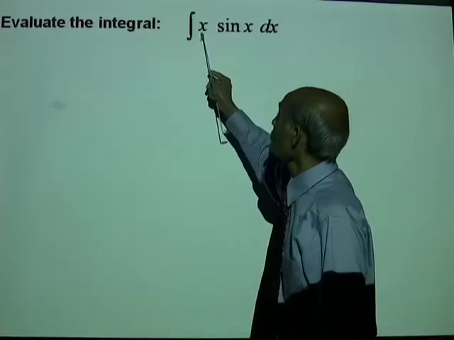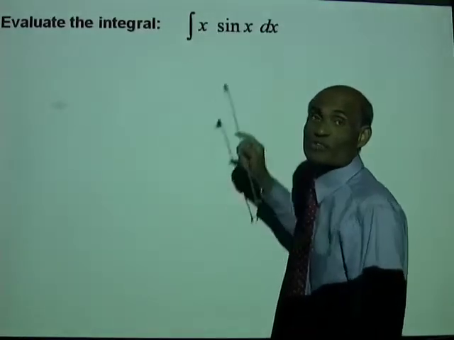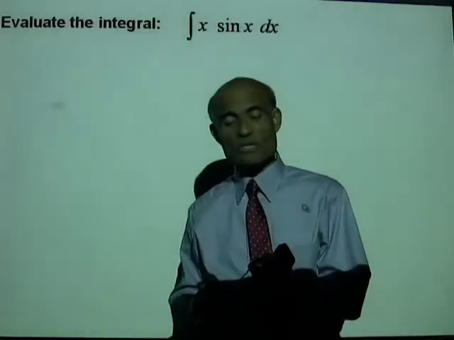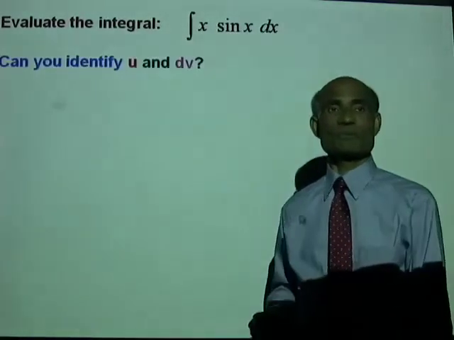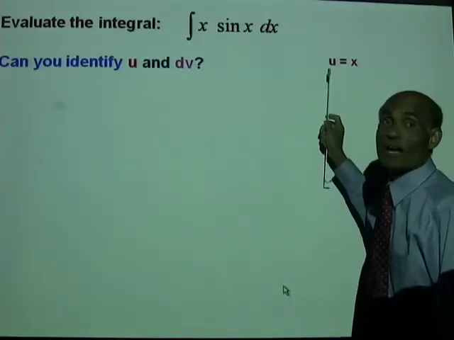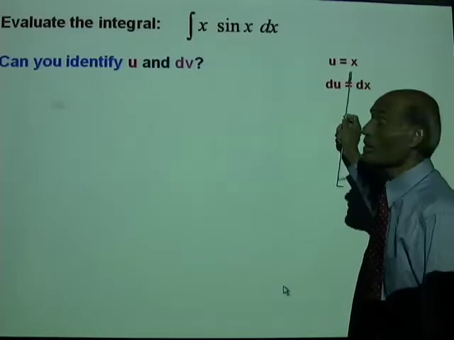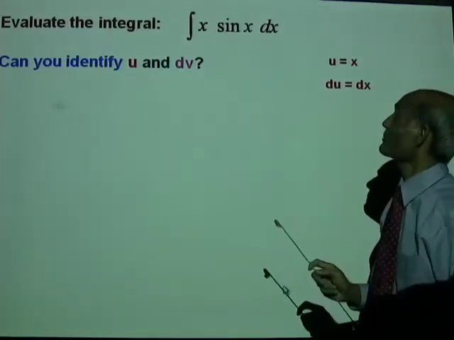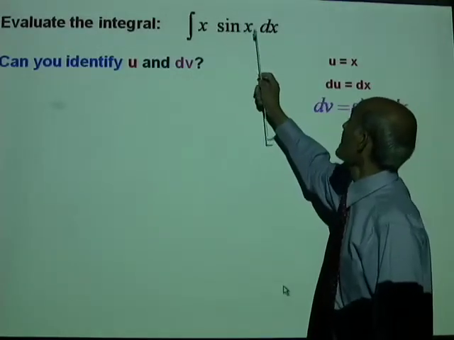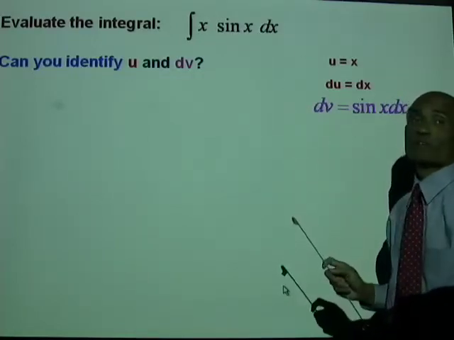So we're going to choose x as our u, and the remaining sine x dx will be our dv. So u equal to x, and what is the next step? Find du. Therefore du equal to dx. Then remaining our dv is sine x dx.